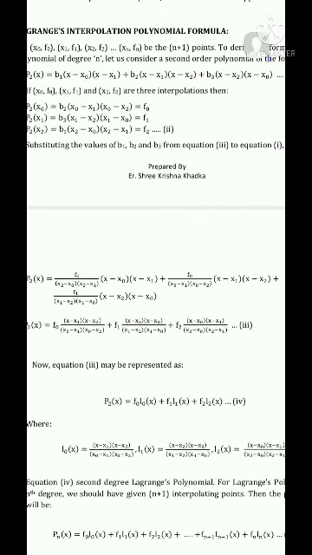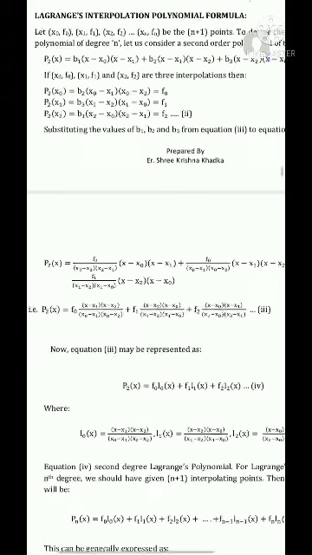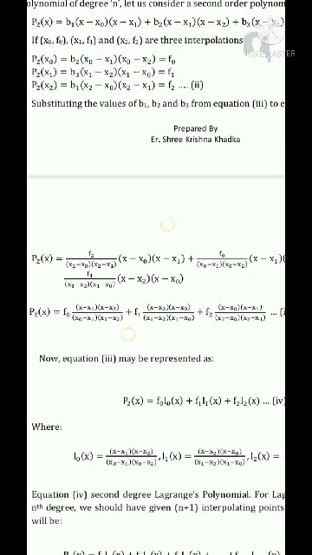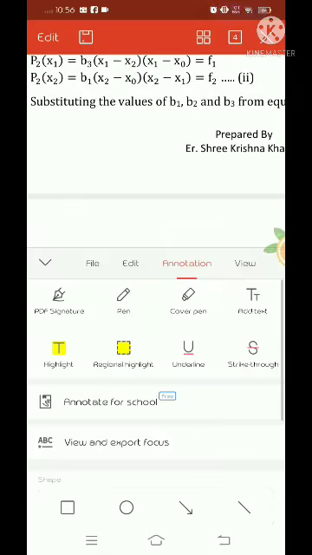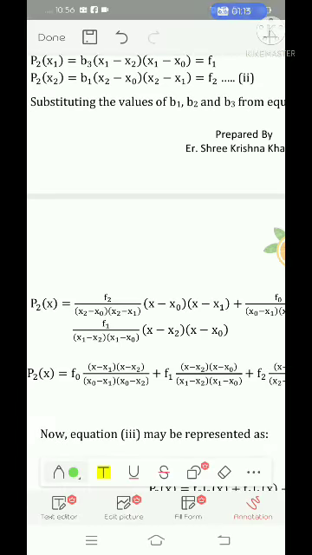From that, we'll be able to formulate a formula which is in the form like this. So where does this come from? Let's annotate this one.